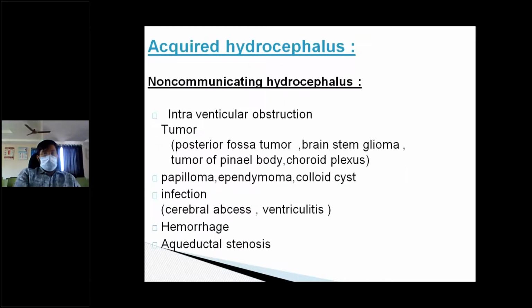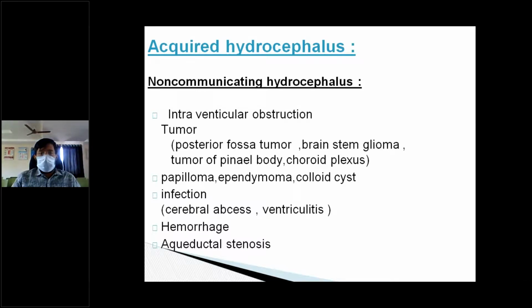Acquired hydrocephalus, first coming to the non-communicating type, is categorized into intraventricular obstruction. That is, if there are any tumors, such as a posterior fossa tumor, brainstem glioma, tumor of the pineal body and the choroid plexus, they may cause obstruction.